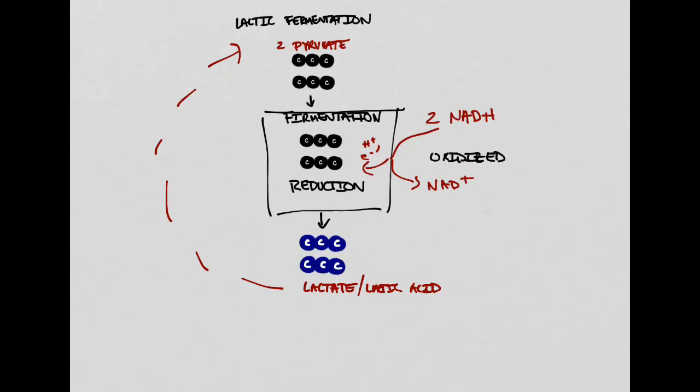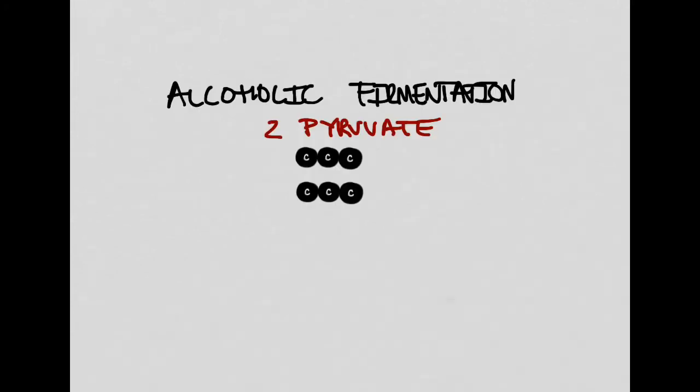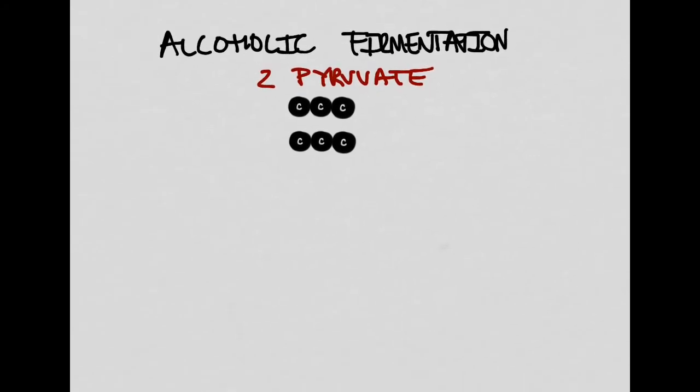The other type of fermentation that we need to talk about is alcoholic fermentation. So let's open up a new page. Again, in alcoholic fermentation, our beginning input is 2 pyruvate, and again let's draw our fermentation box here.